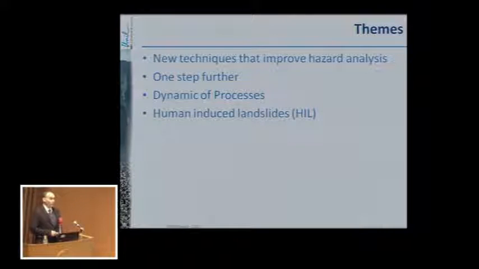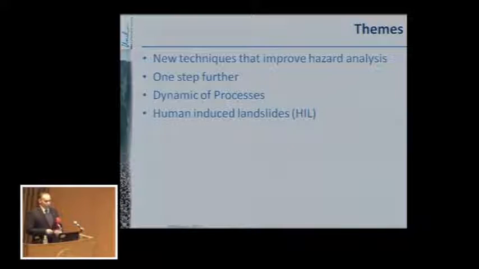I will show you very simple examples that we get from these new techniques, and also what we can expect to extract and what we can already extract, and then the access to dynamic processes because of this new technology and analysis. At the end, I will finish with human-induced landslides, because this is really one of the main concerns now.